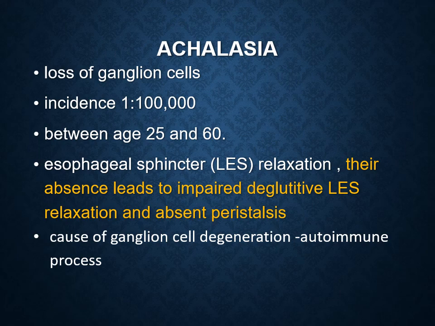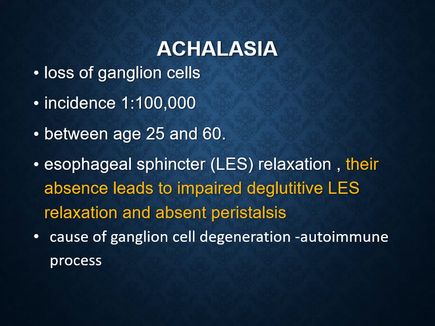The incidence is about 1 in 100,000 and found in the age between 25 and 60. The functionally inhibitory neurons mediate the deglutitive lower esophageal sphincter relaxation and the sequential propagation of peristalsis. Their absence leads to impaired deglutitive lower esophageal sphincter relaxation and absent peristalsis.